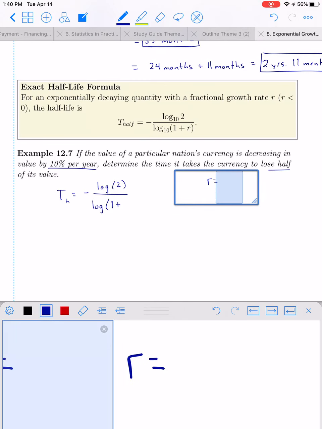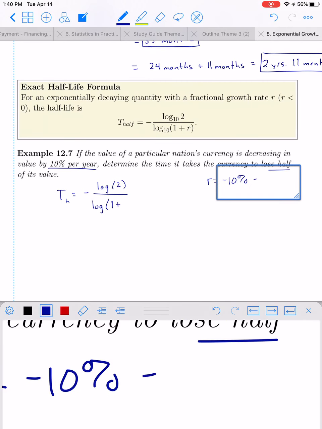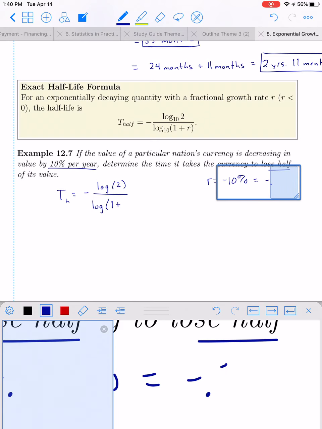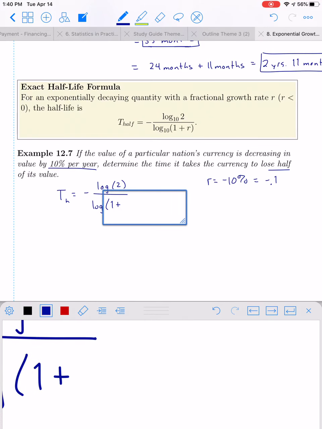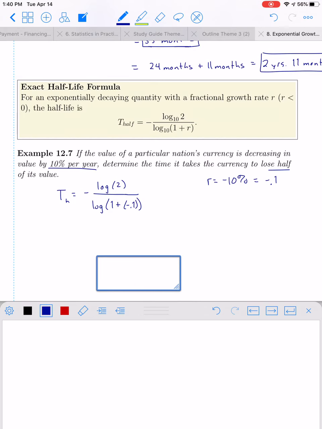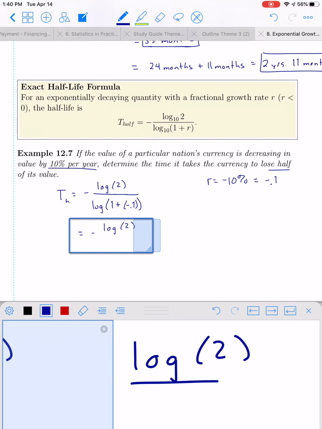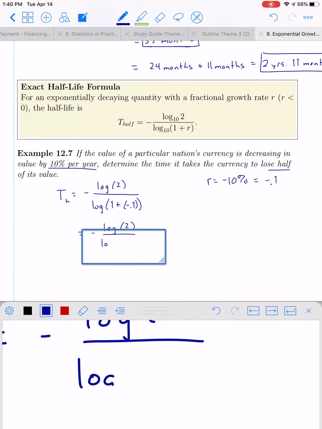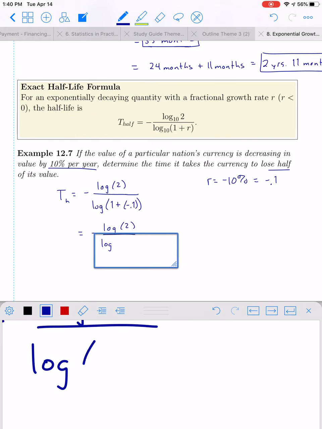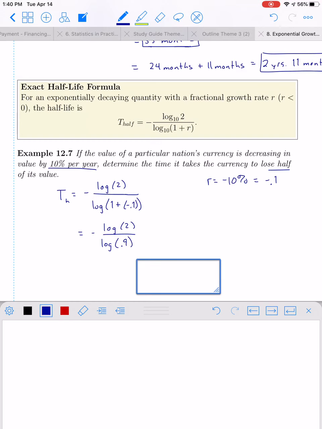It's a decay rate, so it's negative 10%, which is, as a decimal, negative 0.1. So negative 0.1 added to 1, or 1 minus 0.1, working through this. It's 1 minus 0.1. This is actually log of 0.9.